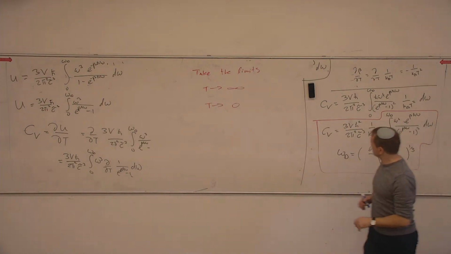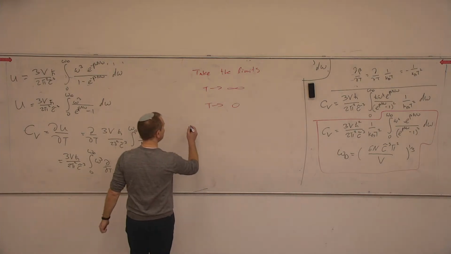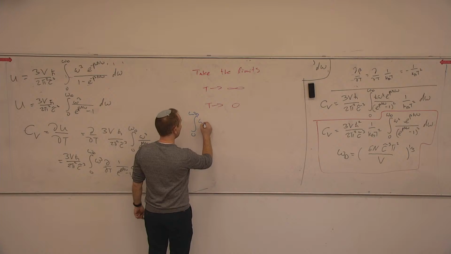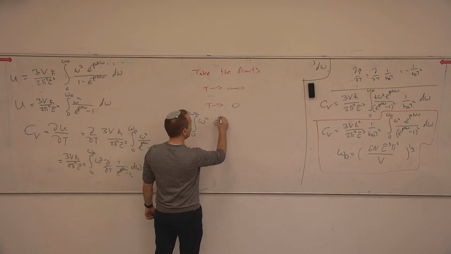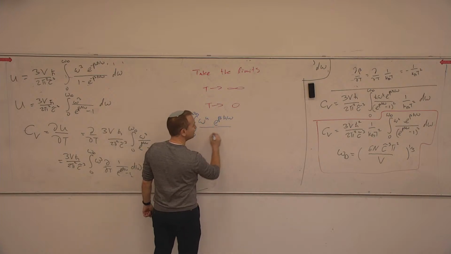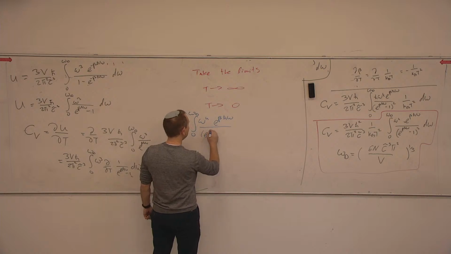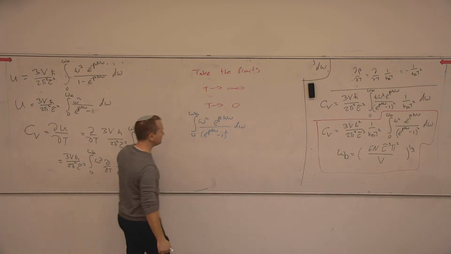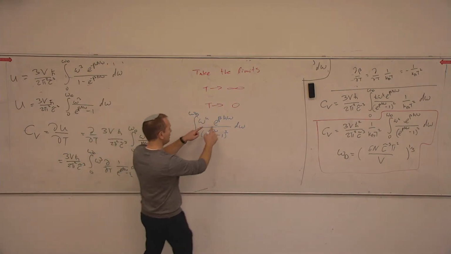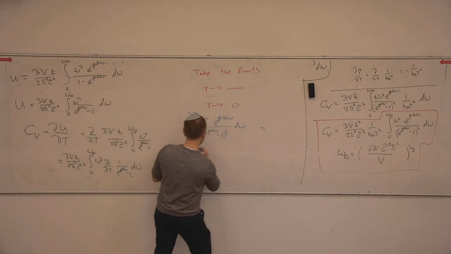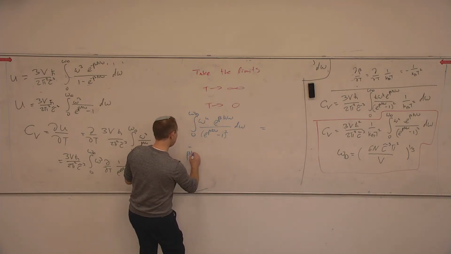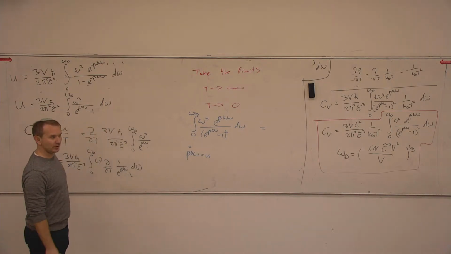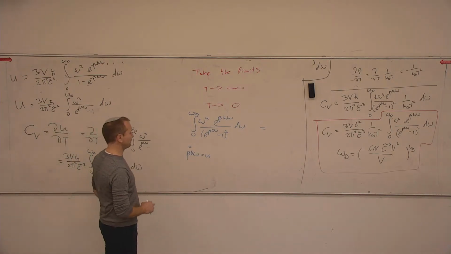So I'm saying the following. Let's look at this integral: from 0 to omega D of omega to the fourth, e to the power beta h bar omega, divided by e to the power beta h bar omega minus 1 to the second power, d omega. Now, let's call beta h bar omega u.